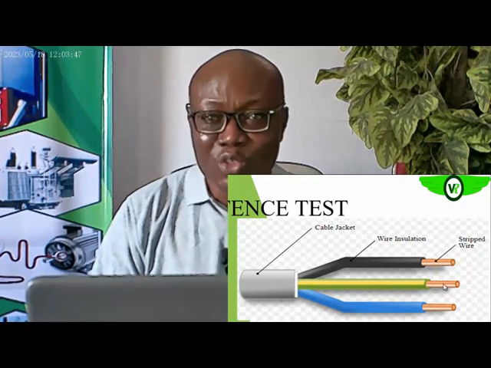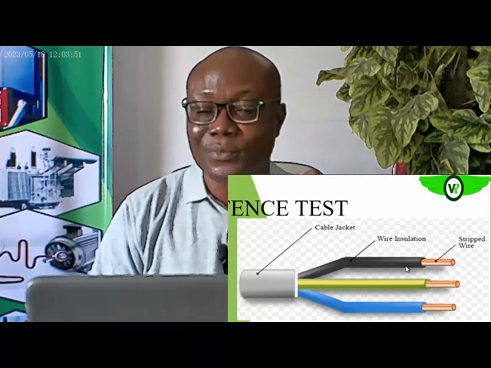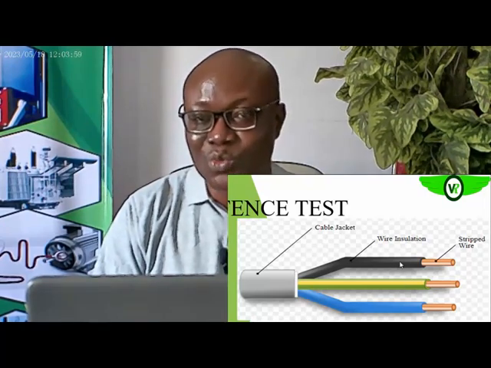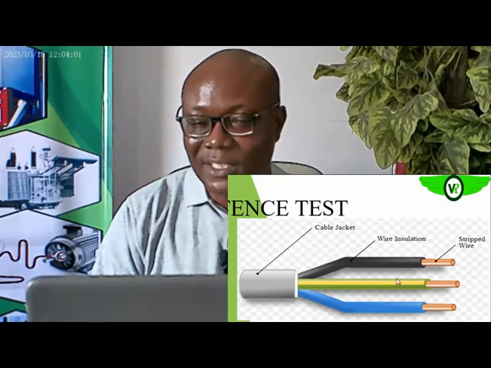Okay, so when you carry out an insulation resistance test, maybe between this conductor, say line 1 and line 2, what you are actually testing is the dielectric strength of this insulator and this insulator that is covering these two conductors. Are we getting it?